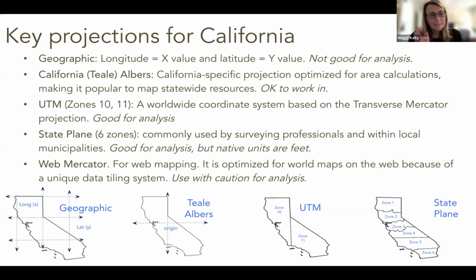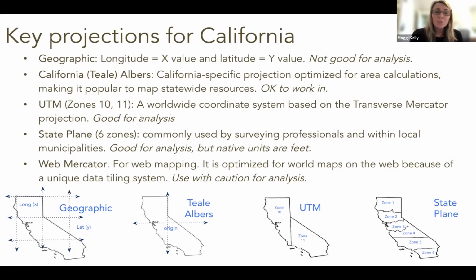The next one that's commonly used is Thiel-Albers, and this is a California specific projection that's been optimized for area calculations. It's what all statewide data served by the state of California uses. It's pretty good, but it does have some amount of stretching, because California is a big piece of the world.